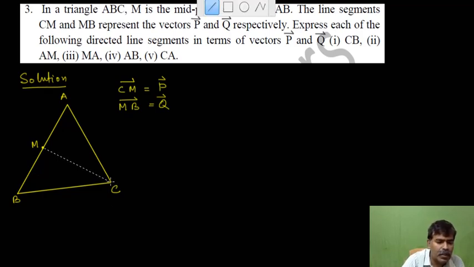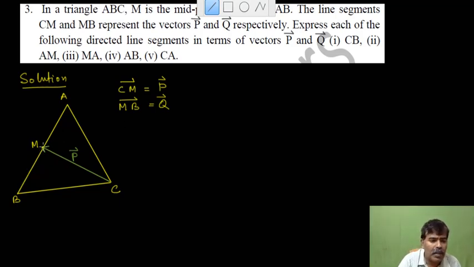From C to M, right? So CM is vector P and MB is vector Q. So from M to B.